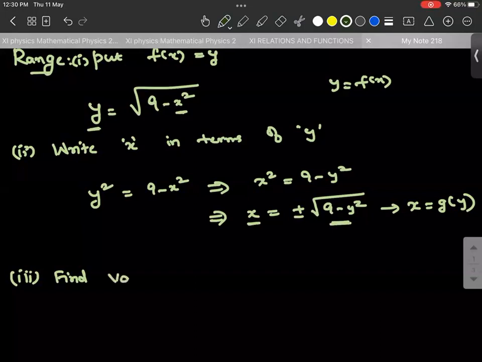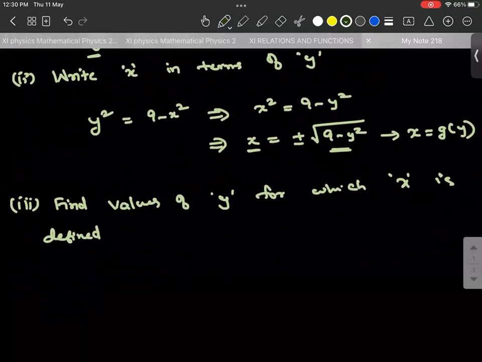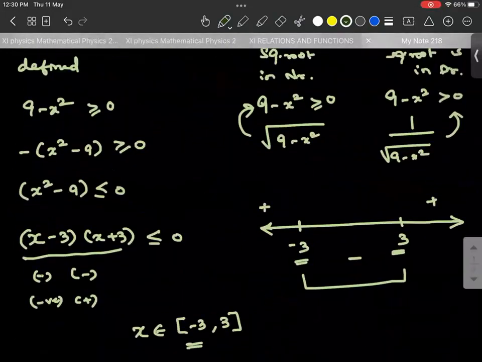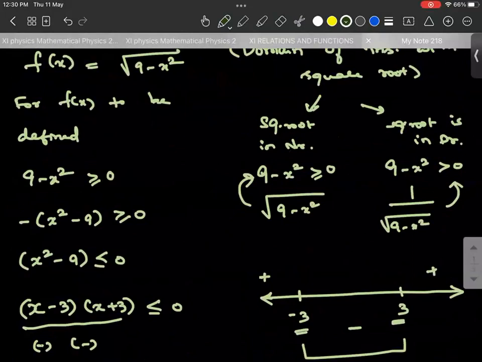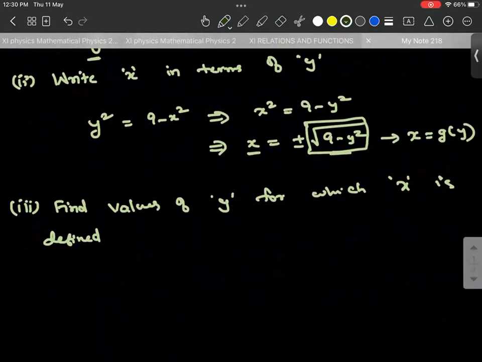So find values of y for which x is defined. What is the meaning of that statement? I need to find the domain of this function. To find the domain of a square root, what did I tell you? If the square root is in the numerator, write the value inside the square root to be greater than or equal to 0.